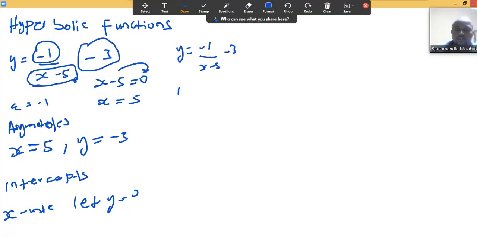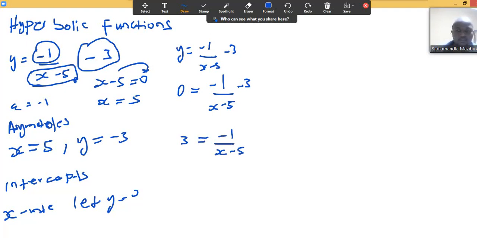So if y is equal to 0, 0 equals -1 all over x minus 5, minus 3. So we can take the 3 to that side easily. That means we'll have 3 is equal to -1 all over x minus 5.